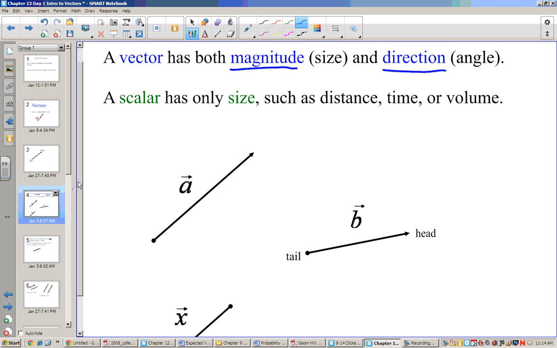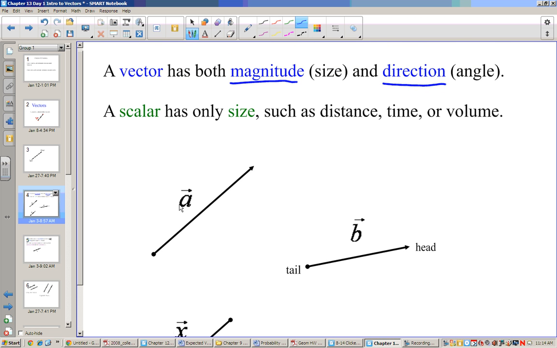If I wanted to describe this as a scalar, I might say this is 8 units long. The length of it we'll call the magnitude. That's a scalar because it's just measuring the distance. But when I draw a vector, I get both the magnitude and its direction.